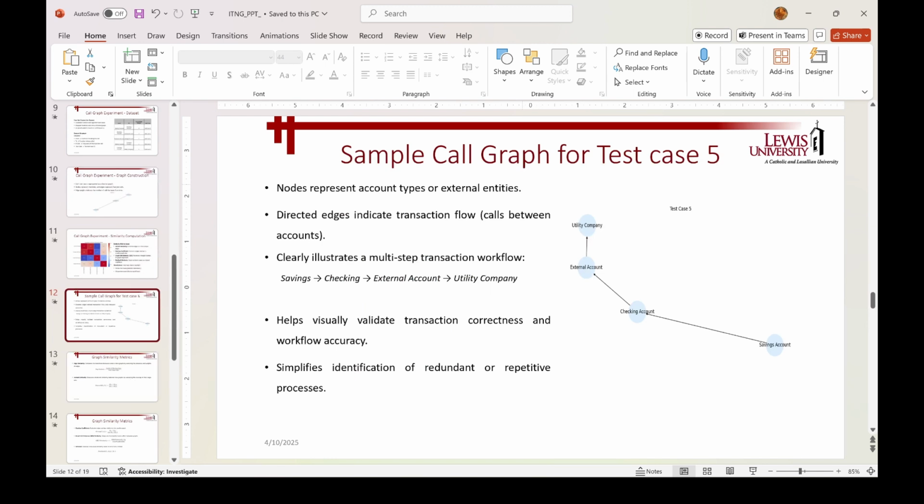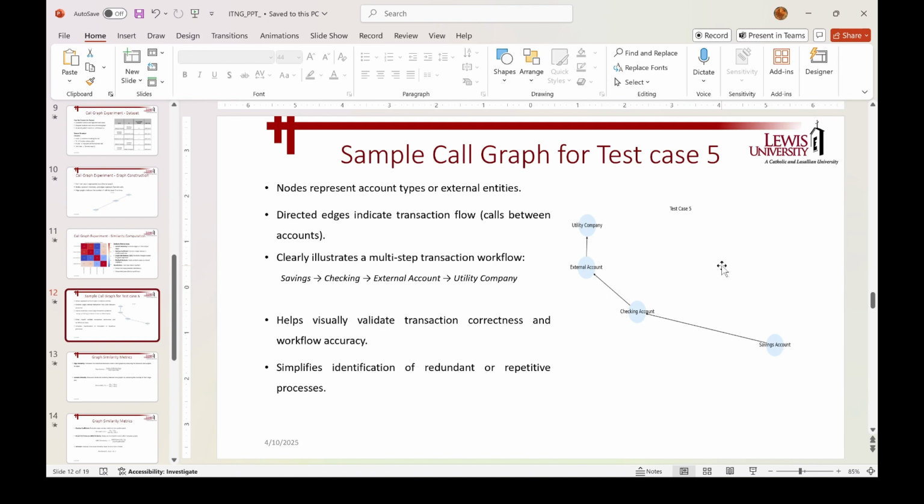Sample call graph for test case 5. We are using this as an example to explain call graphs. Let's take a closer look at an actual call graph from test case 5, which involves typical banking operations. The graph clearly illustrates a sequential workflow starting from savings account, followed by checking, external and utility payment account.